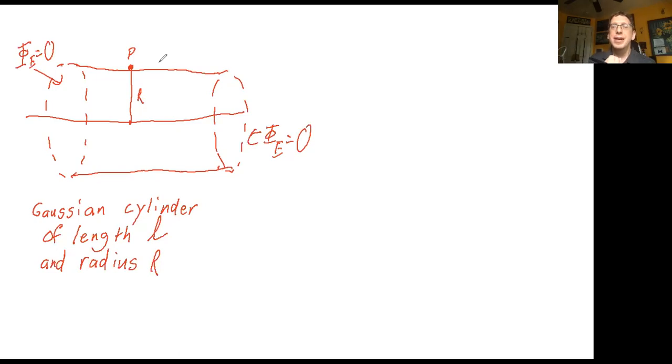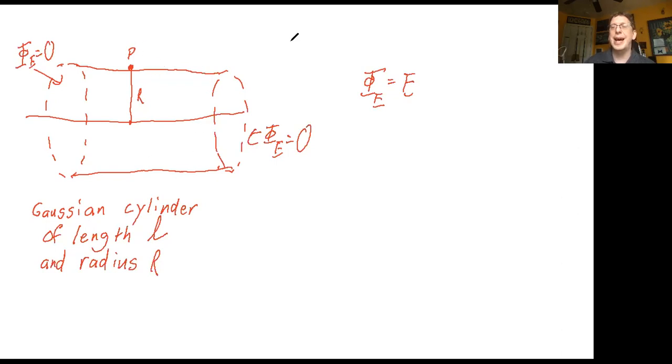And if the cylinder is centered on the wire, so that the wire is on the axis of the cylinder, all the points on the surface of the cylinder are going to be the same distance away from the wire. So the magnitude is going to be the same, a magnitude E. And so the electric flux is going to equal E multiplied by the surface area of the rounded portion of the cylinder.